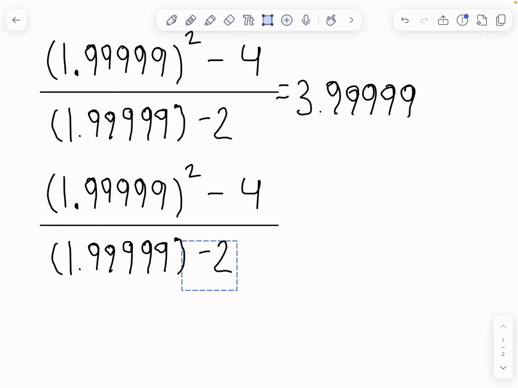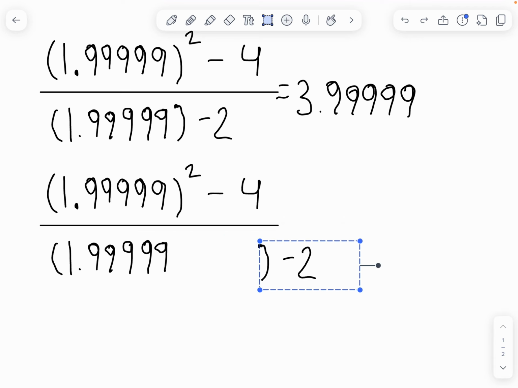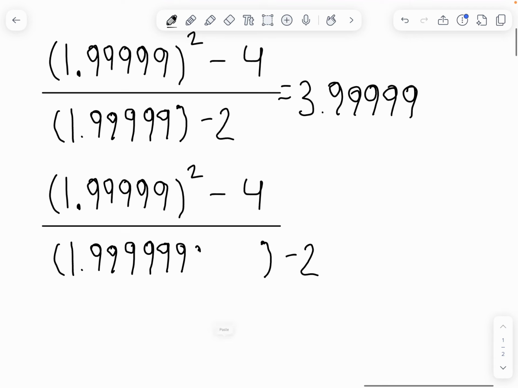So let's say we add 5 more 9s. So we have 10 9s there.